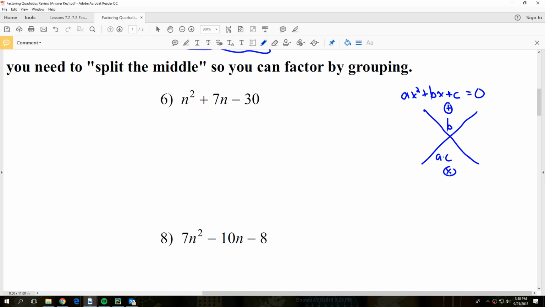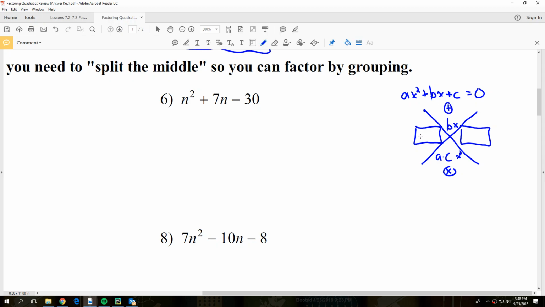The reason I put multiplication and addition on the top is you're looking for two different numbers that will multiply to get a times c, and add to get b. The way I teach is I use the whole terms. So it's a times c x squared, because when you multiply ax squared times c, it's a times c times x squared. And b is b times x.